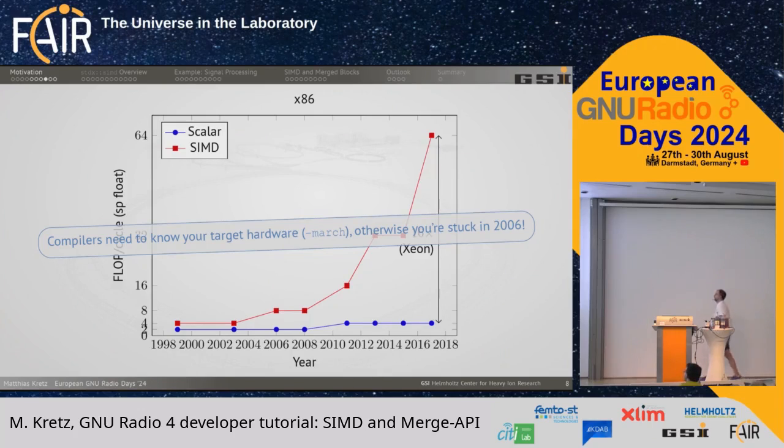Especially with x86, there's a huge evolution. 2006 is basically when the 64-bit architecture came out, and you had SSE2 in that. So that's the baseline for 64-bit. And if you just compile without telling the compiler what your machine will be, that's what you're going to get. That's 2006, and that is pretty low on that graph.